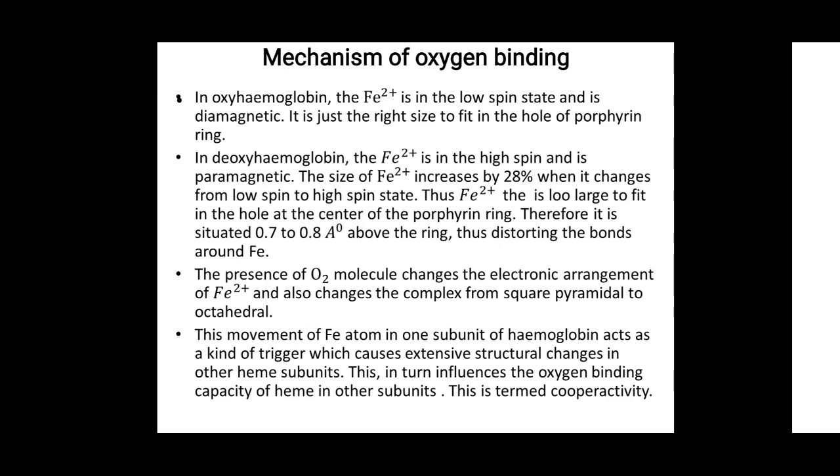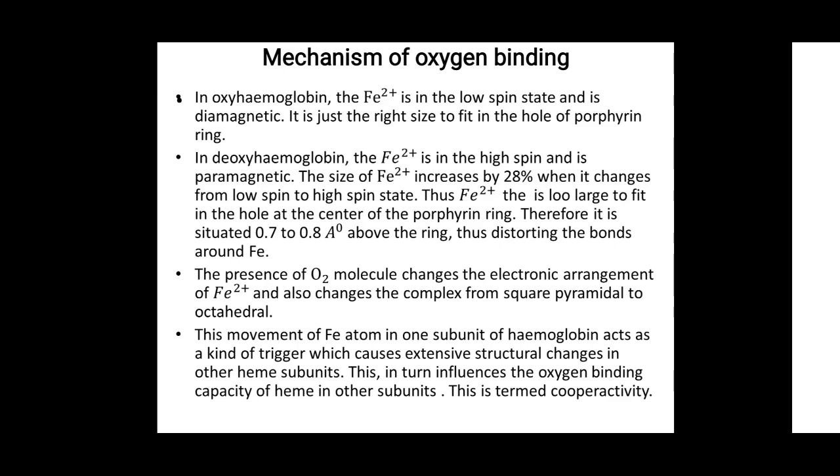So in oxyhemoglobin, the ion is the correct size to fit into the center of the porphyrin ring, whereas in deoxyhemoglobin, due to the change in spin, its size increases and it may not fit into the center of the porphyrin ring. Therefore, it is situated 0.7 to 0.8 angstrom above the ring, thus distorting the bonds around Fe.